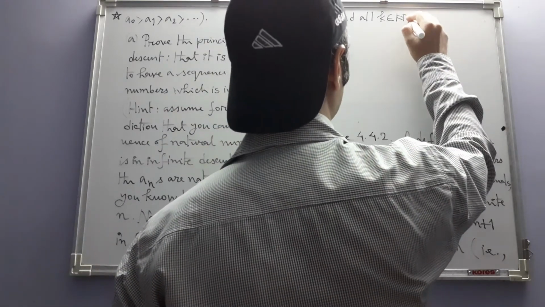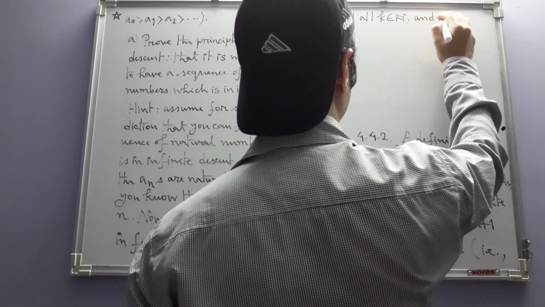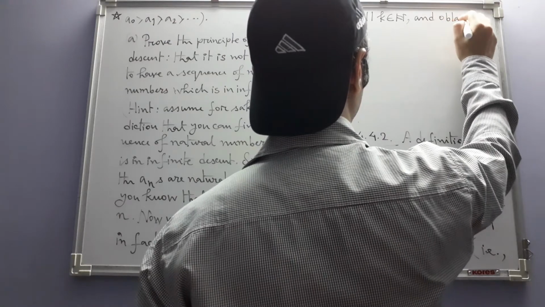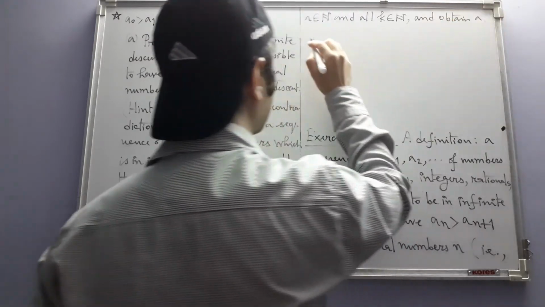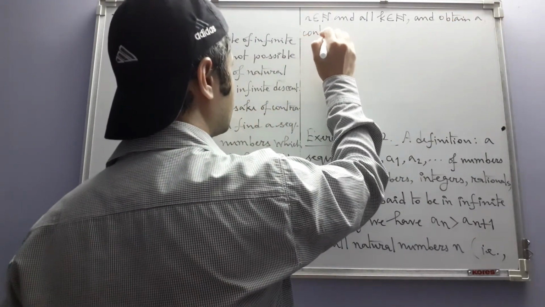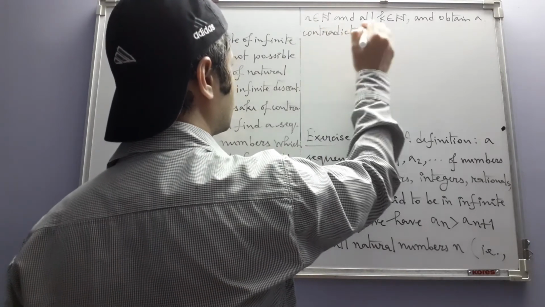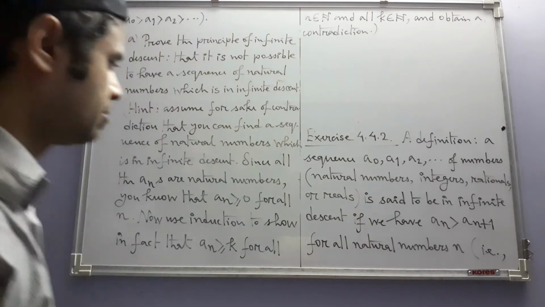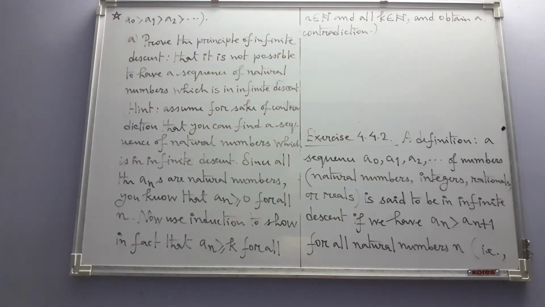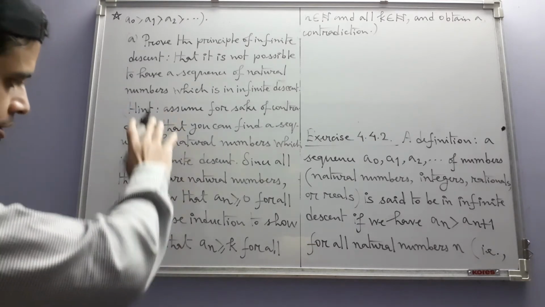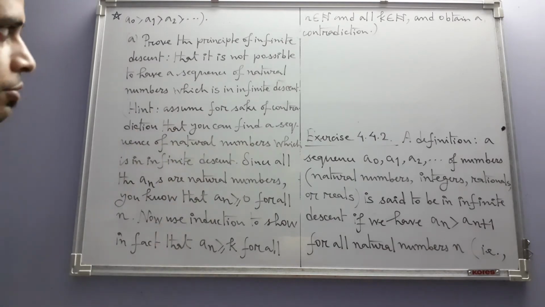And obtain a contradiction. Okay, so this is part A. We have to prove here that the system of natural numbers has no sequence which is in infinite descent, and this is the strategy of the proof.